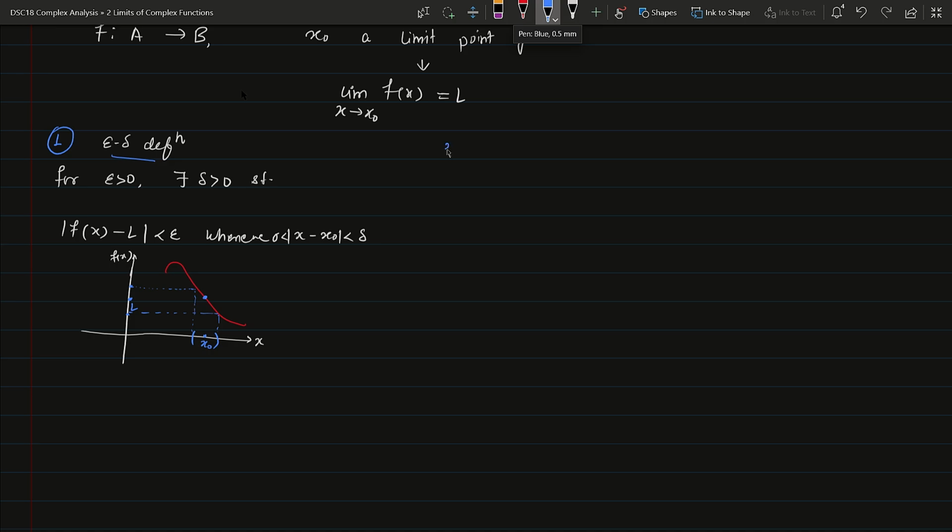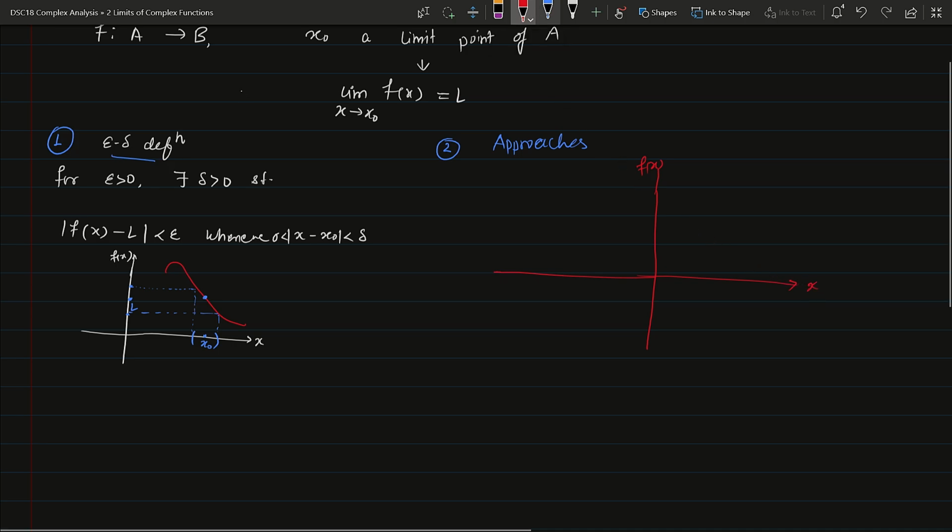And second is about the approaches. As you are aware, in real analysis we have this scenario: function values f x are on the y-axis, and on the x-axis we have the points of the domain. Now in the real line, suppose we have a point x naught.